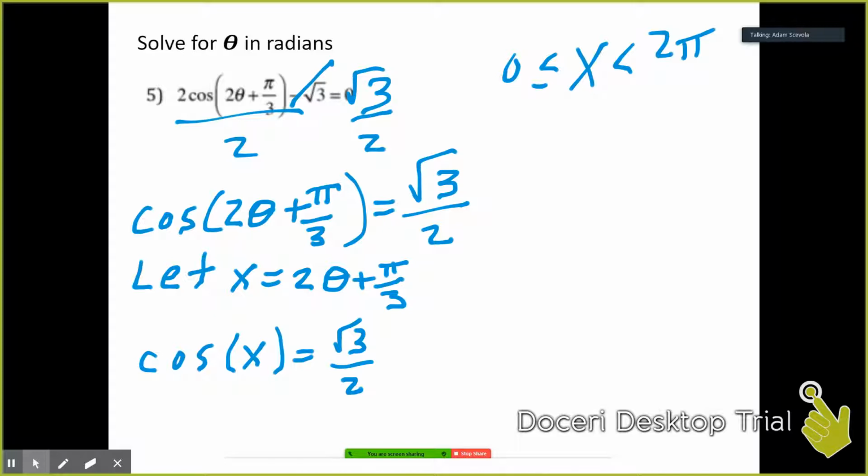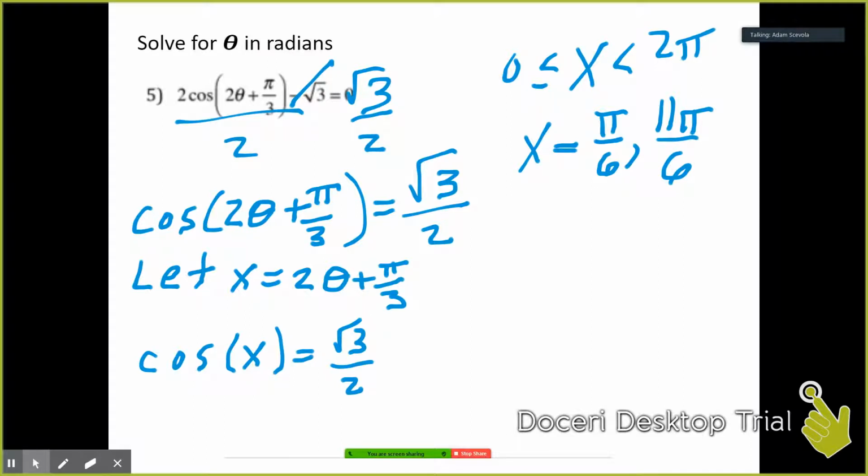That would be, x could be 30 degrees, because the cosine of 30 is root 3 over 2, or in radians would be pi over 6. All right, or it could be an angle in quadrant 4. So if we're finding the angles between 0 and 2 pi, we want to add, not subtract, and we would get 330 degrees, which in radians would be 11 pi over 6.